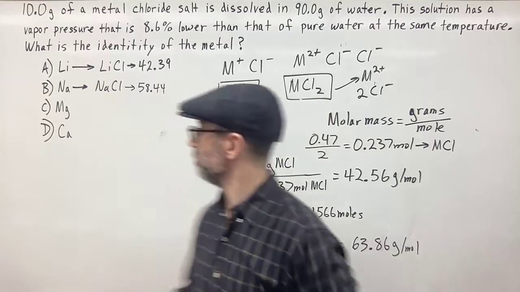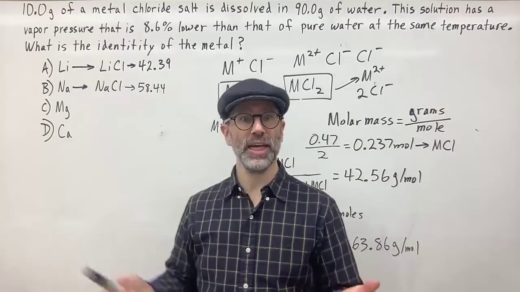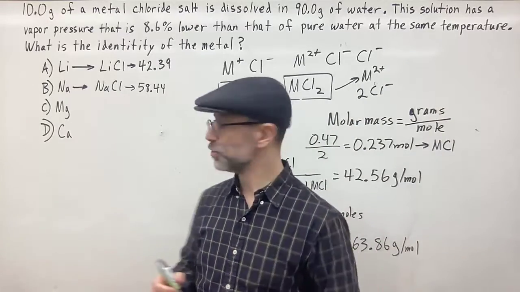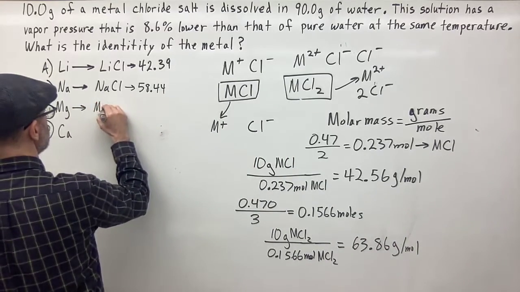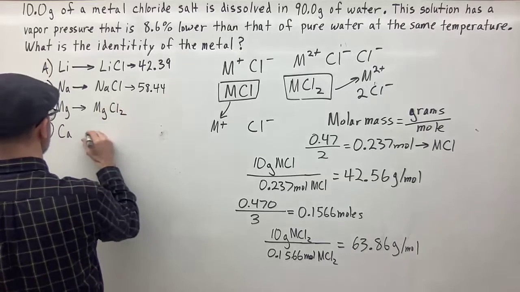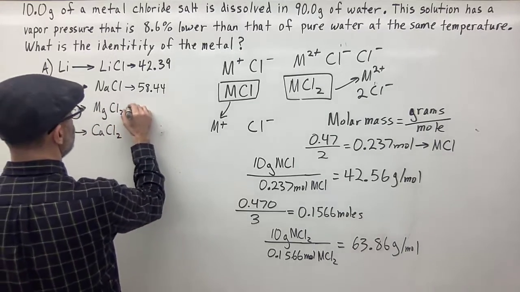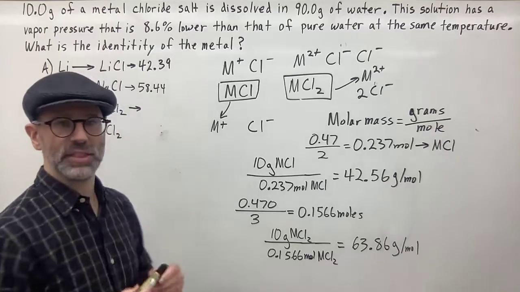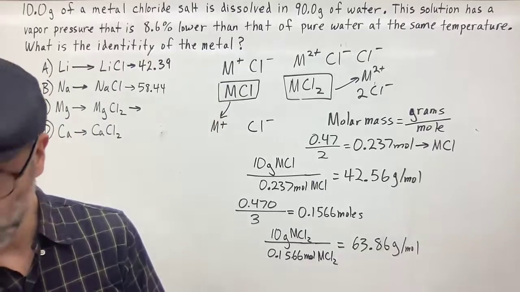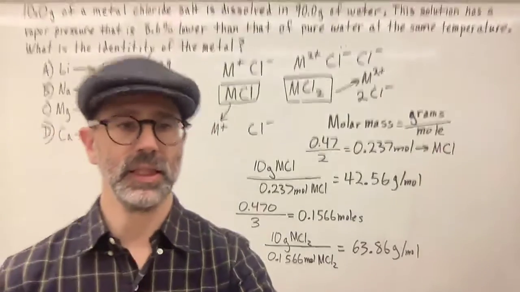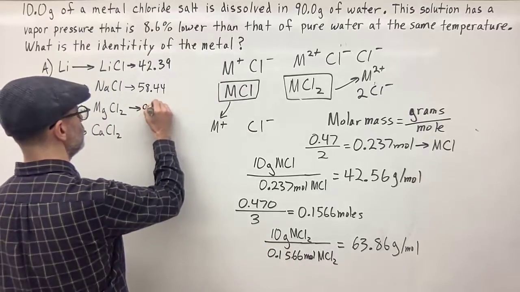Okay, so this is the calculated molar mass if this is our formula. So now we want to compare this molar mass with these two and see if we get anything close. So then we're going to have to find the molar mass of MgCl2 and the molar mass of CaCl2. So what's the molar mass of MgCl2? The molar mass is going to be 95.21.